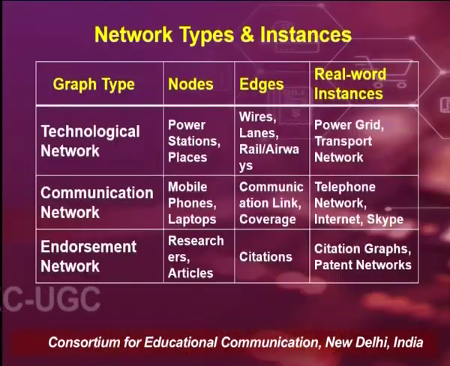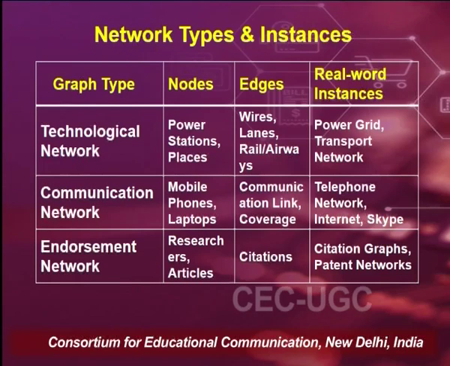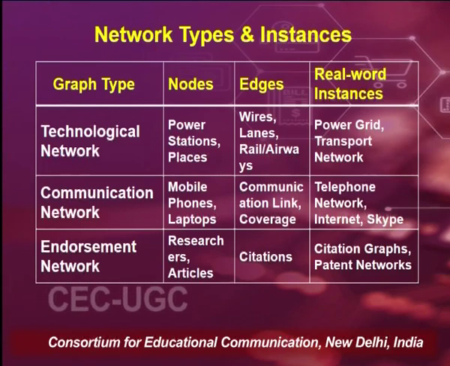Before we go more into network science, let's understand the different types of networks available. Let me help you understand some of the graph types, and with each graph type how the nodes and edges are described, and some real world instances. First, the technological network. For a technological network, there could be power stations and places that are connected with each other. So they become the nodes.